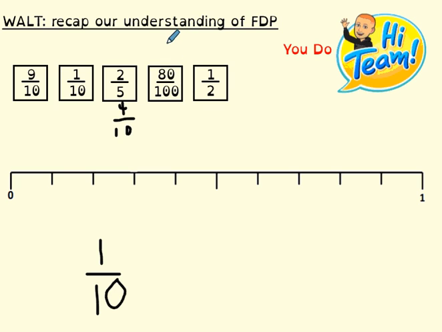80 over 100 is the same as, well, it's up to you. You could half it and half and go again. Or you might think, well, actually, I can divide that one by 10, which would give me 8 over 10. And then 1/2 we said before was 5/10.